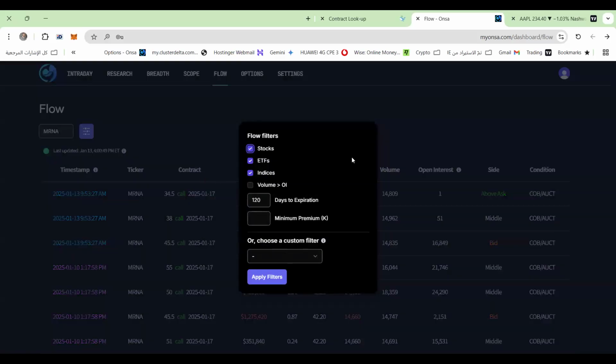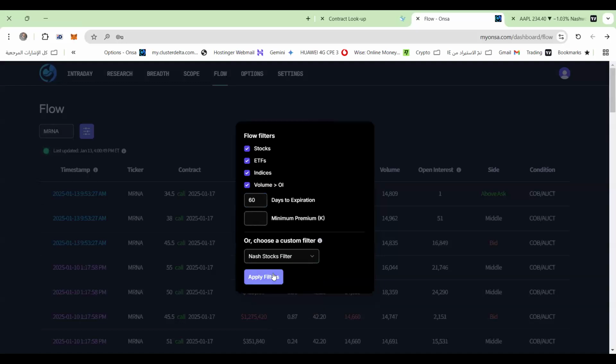Here we can see that the filter is divided into stocks, ETFs, and indexes, and we can also include where volume is bigger than open interest, and how many days we need. For example, we need only 60 days. And then we can choose the filter that we are looking for, for example the Nash stock filter.